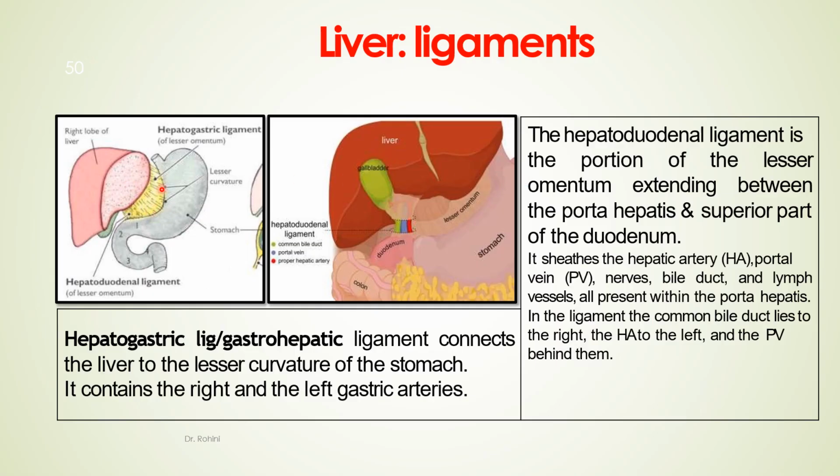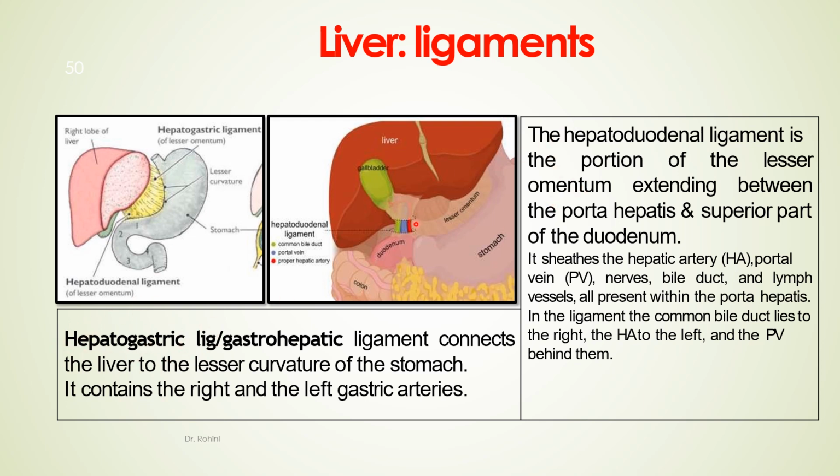The lesser omentum extends from the lesser curvature of the stomach and the upper part of the first part of the duodenum, going up to the fissure present on the inferior surface of the liver. It occupies an inverted L-shaped location. The part extending from the liver to the lesser curvature of the stomach is called the hepatogastric ligament, or hepatogastric part of the lesser omentum.